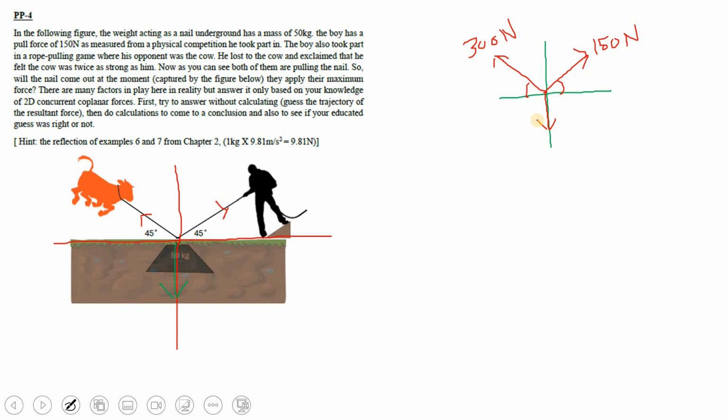We know that 1 kilogram is equal to 9.81 newtons, so we can easily figure out how much 50 kilograms is. So we have 50 times 9.81, which comes out to approximately 490 newtons. So we'll just write down 490 newtons right over there.